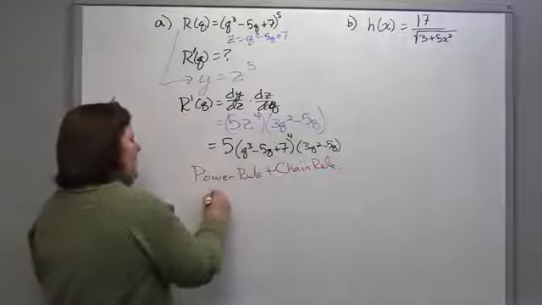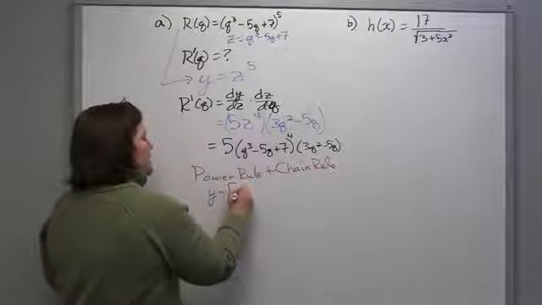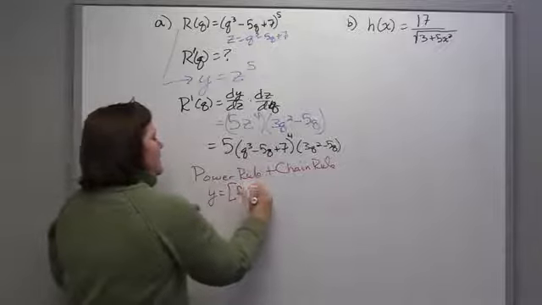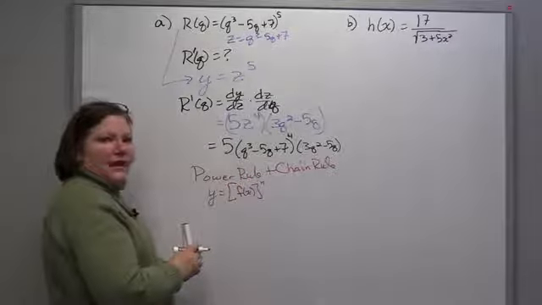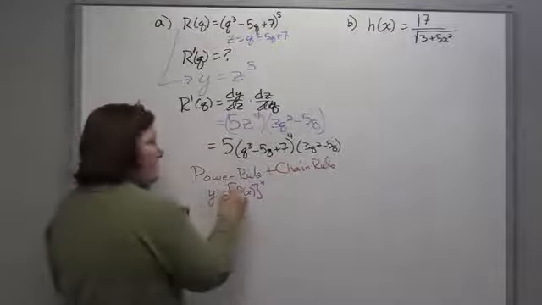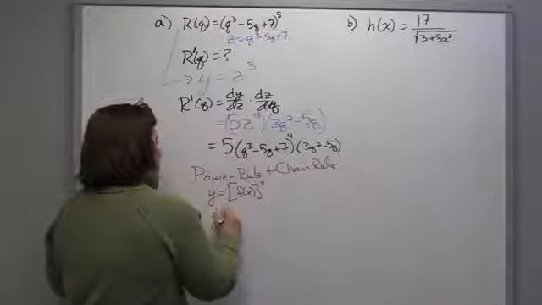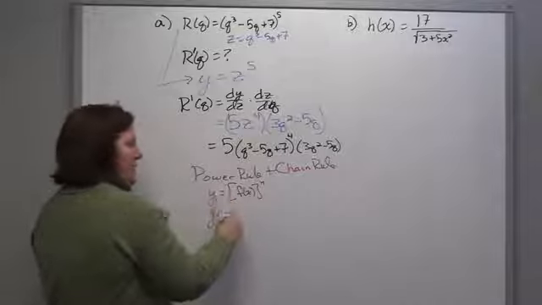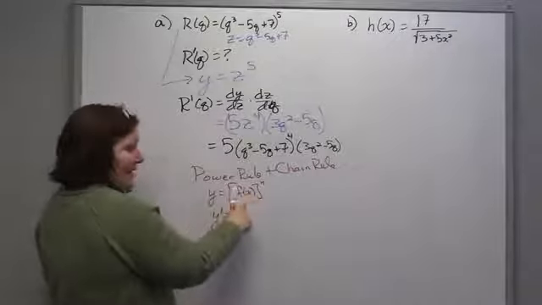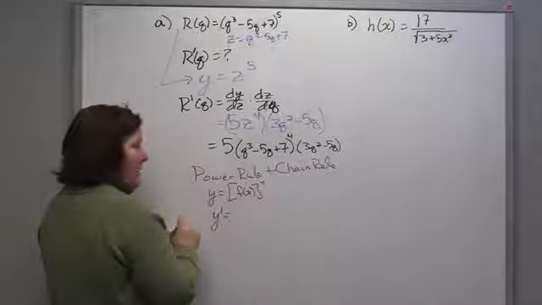If we're looking at y equals some stuff to the n power, then using the chain rule on this, y prime, the derivative of the outside, would be, here we'd be thinking of z to the n power. I'm not going to write that down.